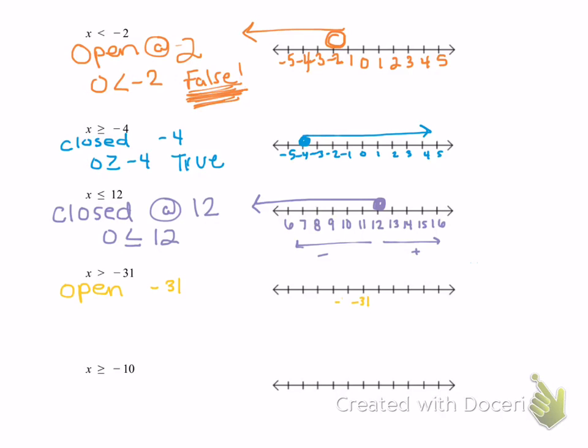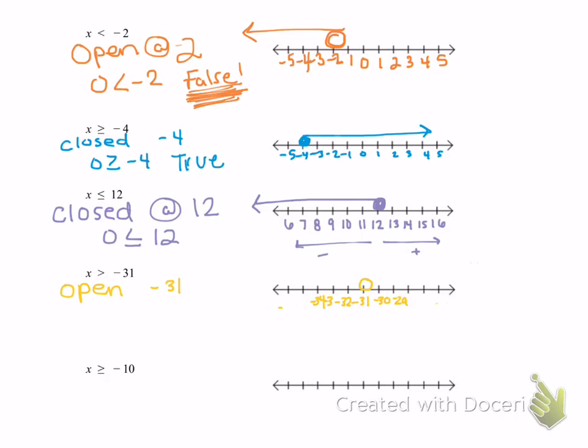So I'm going to have -32 going this way, then -33, then -34, and so on. On this way I've got -30, and then -29, and so on. Be sure to fill those in, but I just want you to see the pattern of how we're doing it. So we're having an open circle at -31. So there's my open circle.